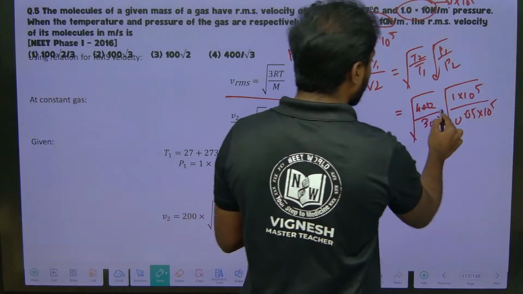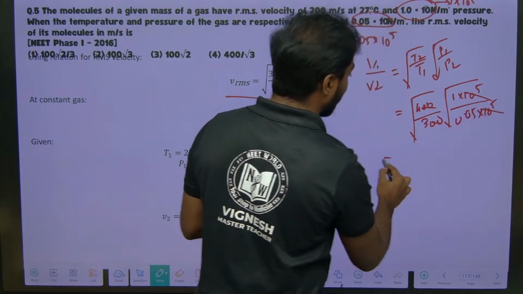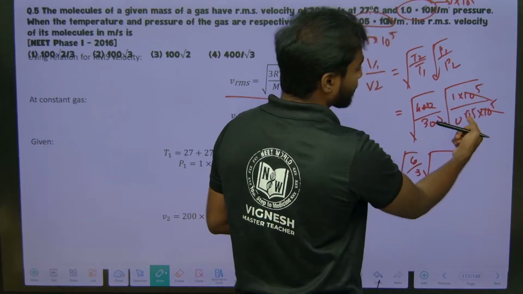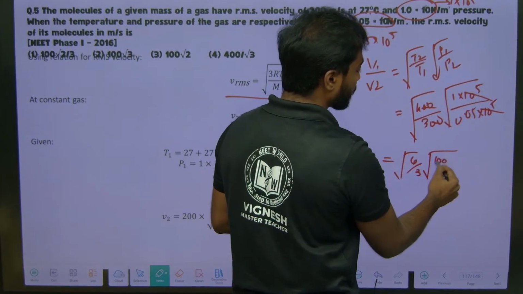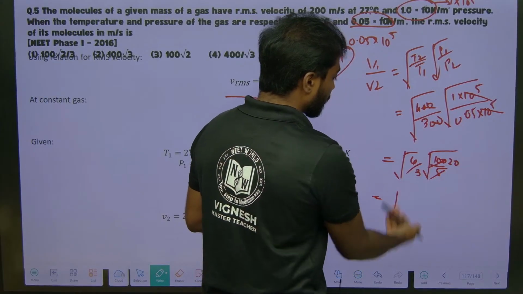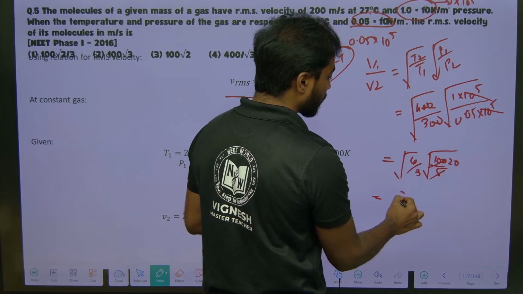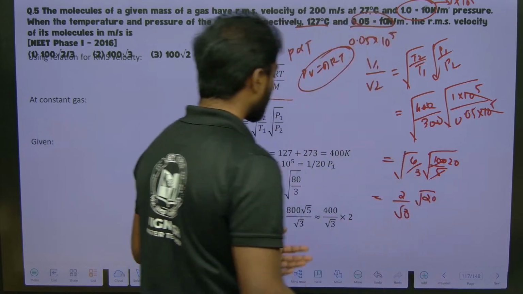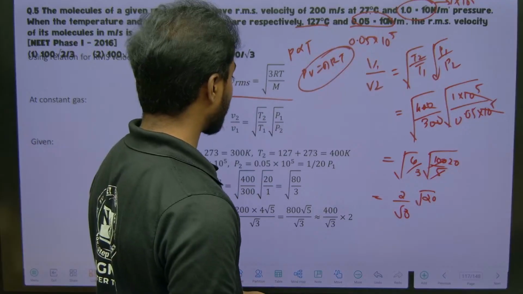The 10 power 5 terms cancel, so root over 4 by 3 into root over 20. So 2 divided by root 3 into root 20, I guess that's the correct thing.